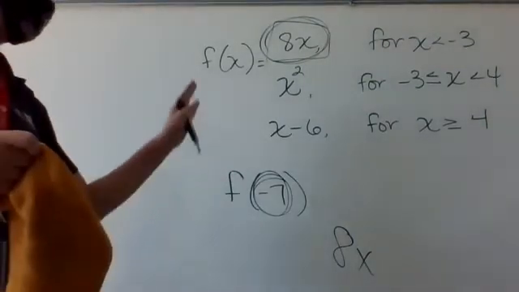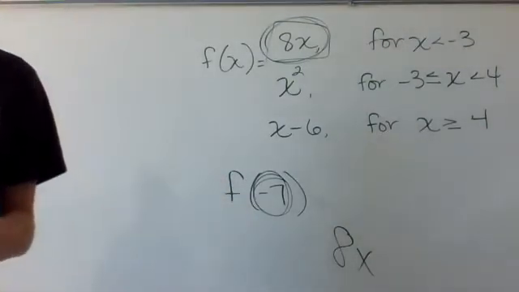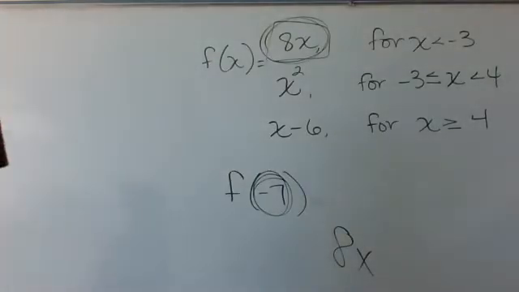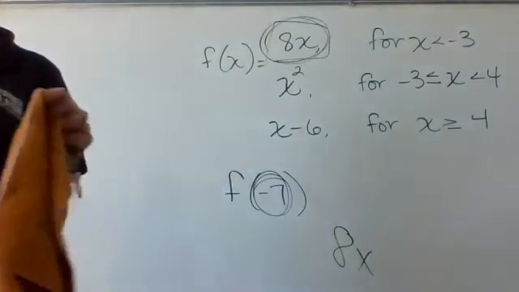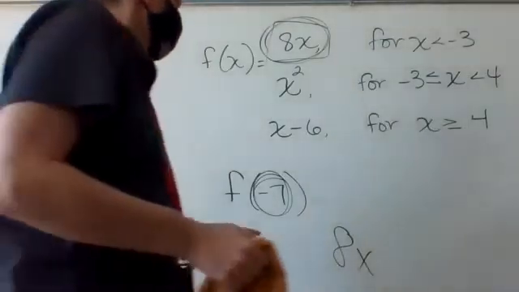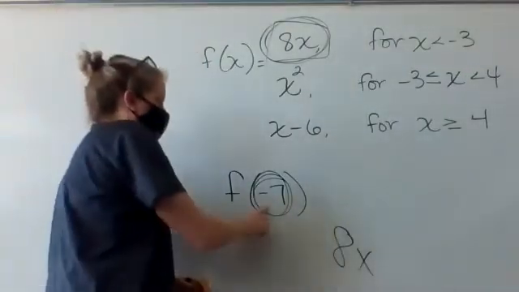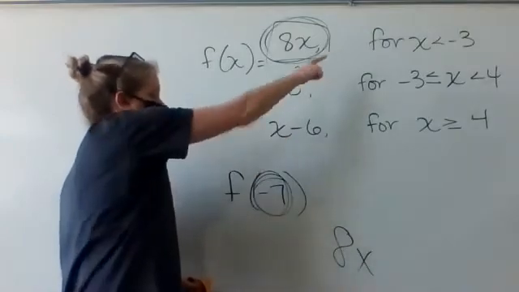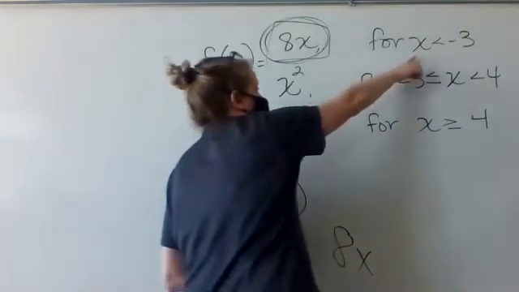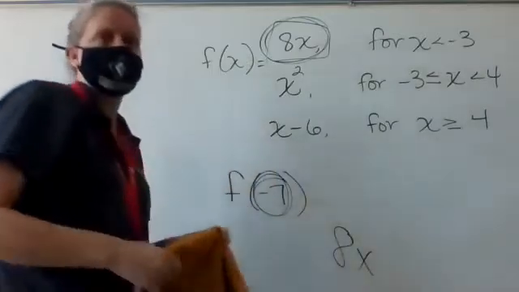Right now, we're just finding which piece it'll go in. At the end, we'll actually be plugging in that number. So for right now, all you're doing is finding what piece -7 would go in. And since it's less than -3, it's going to go in the 8x piece.